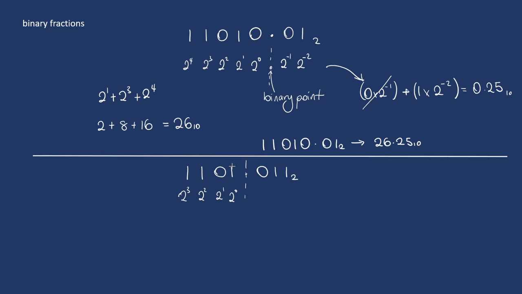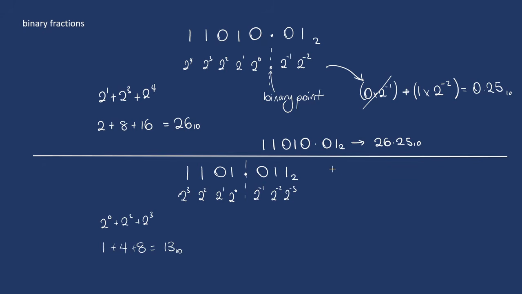Always remember that the units place, the part closest to the binary point, is always going to be 2 raised to the power 0, not 2 raised to the power 1. Following the binary point we have 2 to the negative 1, 2 to the negative 2, and 2 to the negative 3. Adding the integer parts, that's going to be 2 raised to the power 0 plus 2 squared plus 2 to the 3. It's going to be 1 plus 4 plus 8, and that's going to be 13 in base 10.